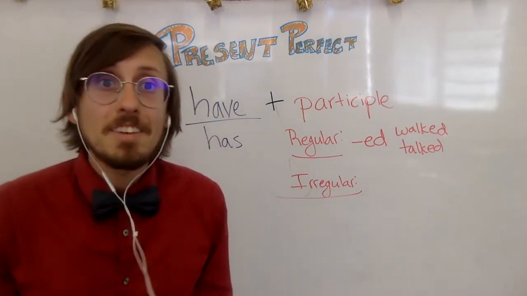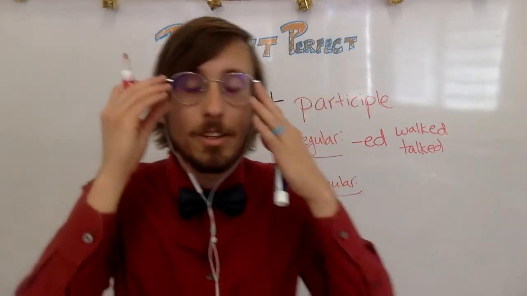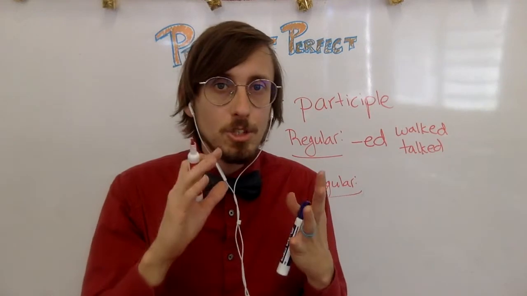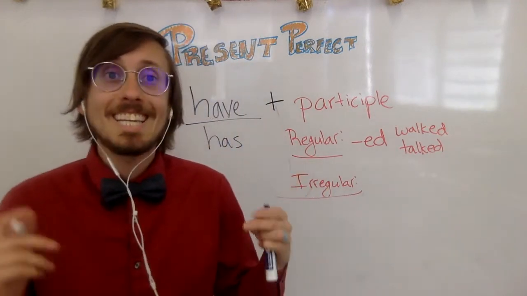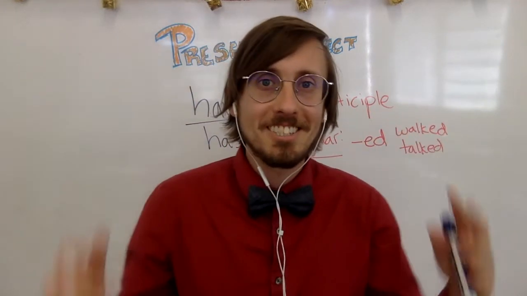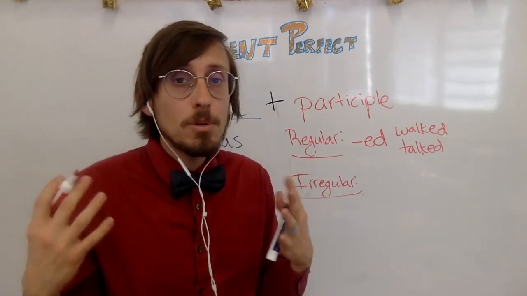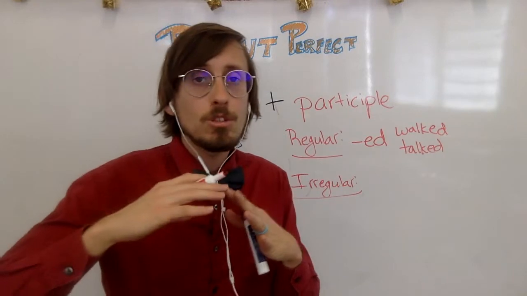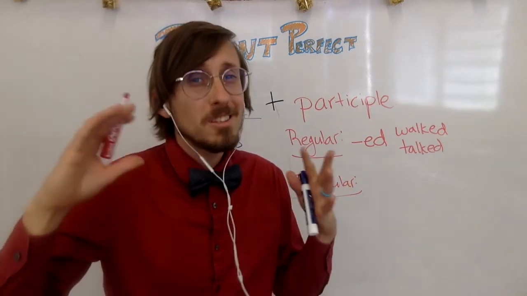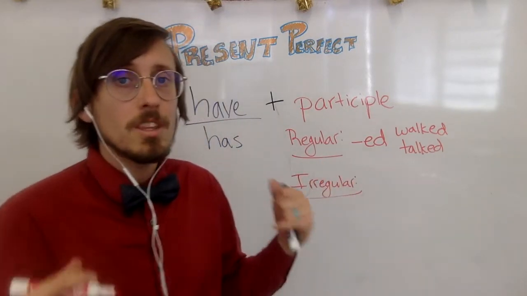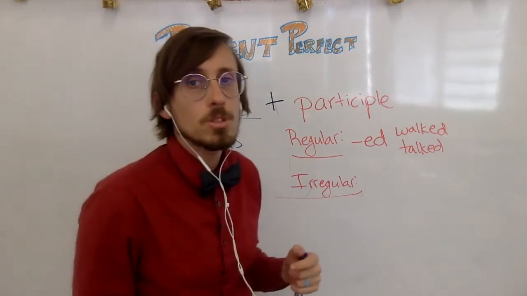In English, we have a long list of irregulars. So in Spanish, there's a short list. There are some irregulars. In English, it's a very long list. And it's one way that even people who live in the United States, who speak English all of their life, make mistakes sometimes within this language and break the rules.